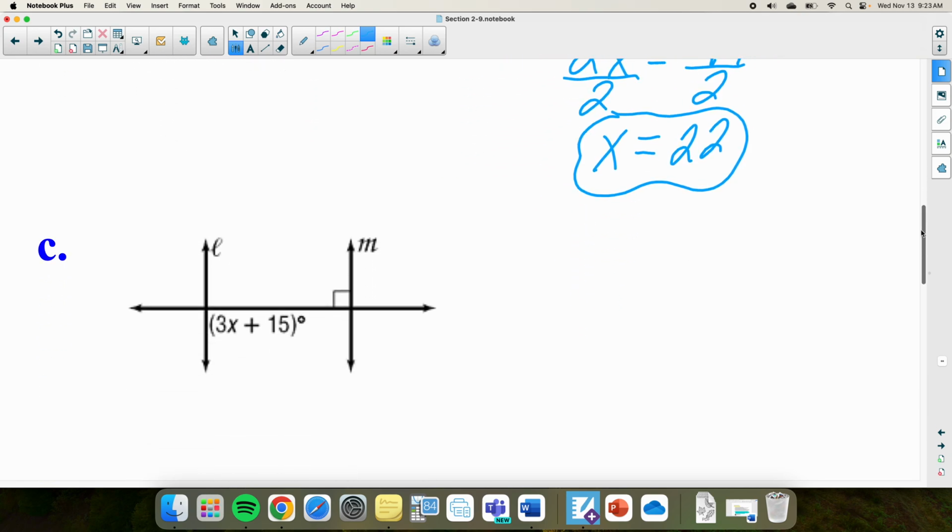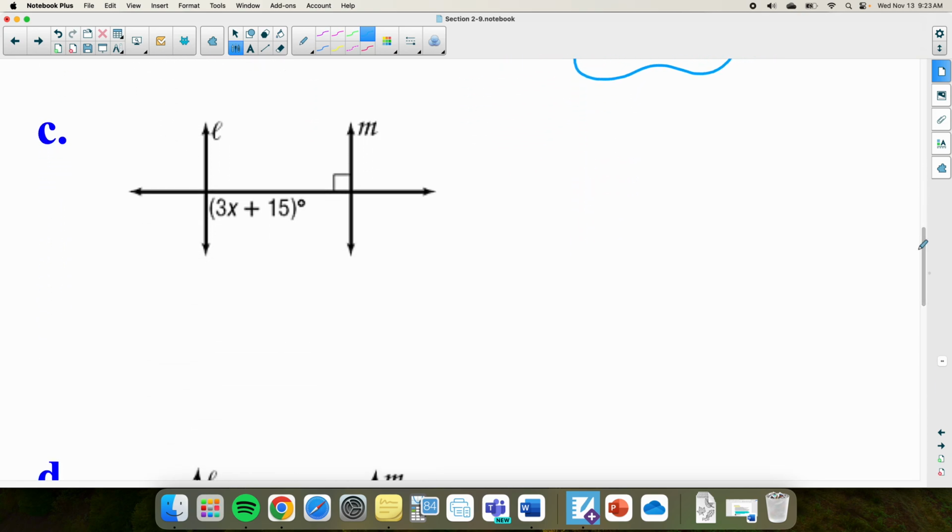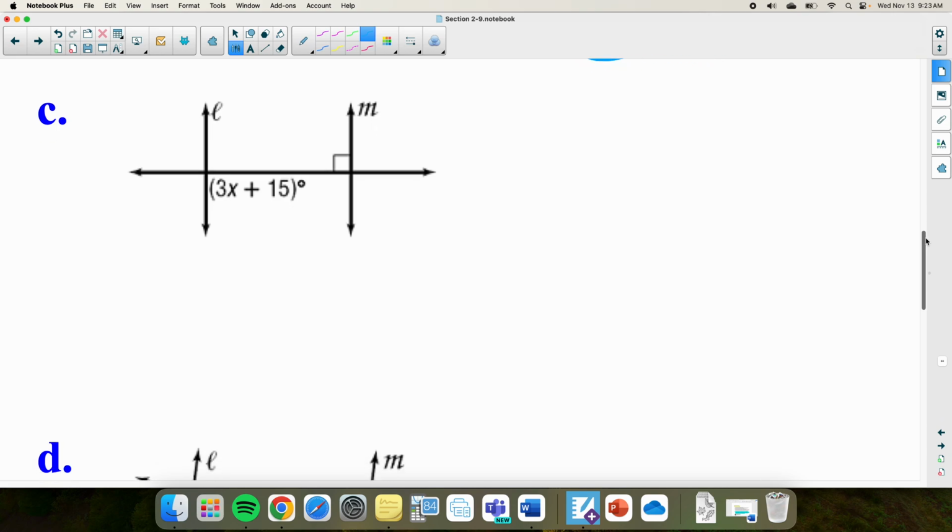Then, if I look down at C, okay, when we look here, these two lines are parallel, or we're trying to make them parallel. So what kind of angles are these two? Alternate interior, which we want equal.